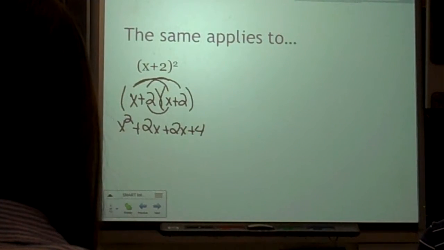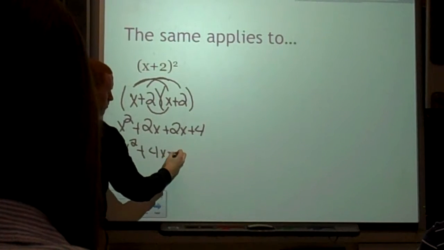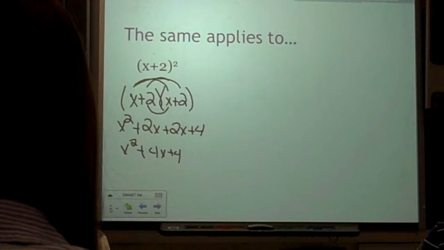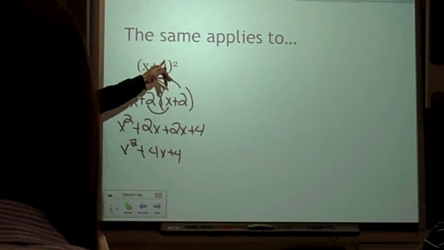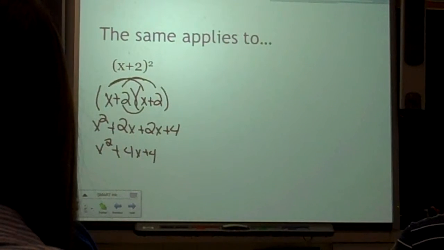Add my like terms, so x squared plus 4x plus 4. So, let's not get confused by these squares. That just means we're going to multiply that same quantity twice. So, what about this one?